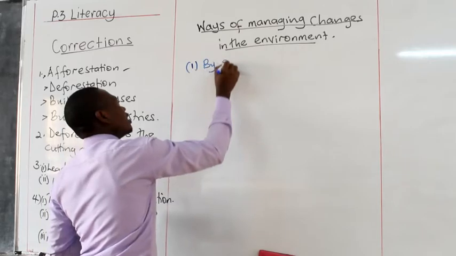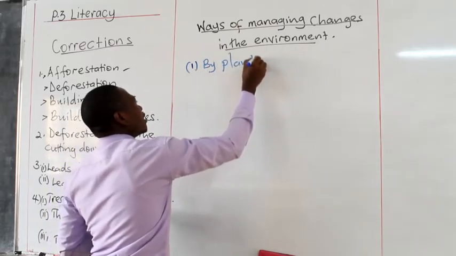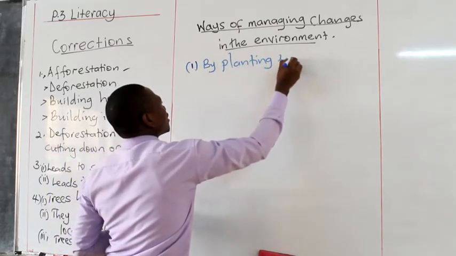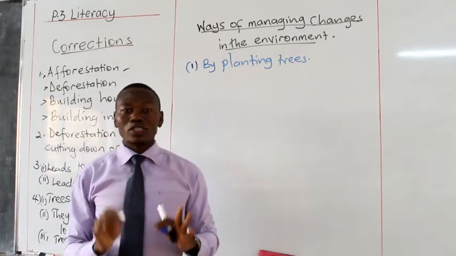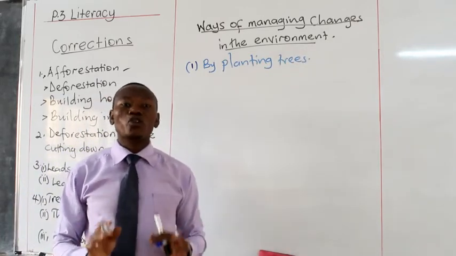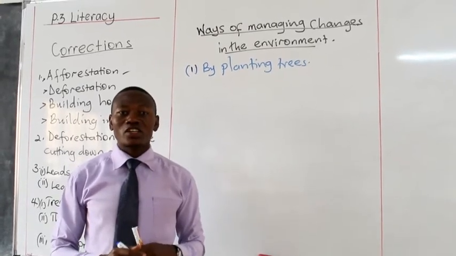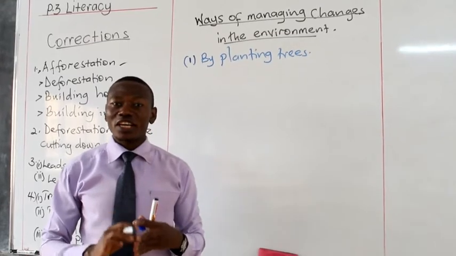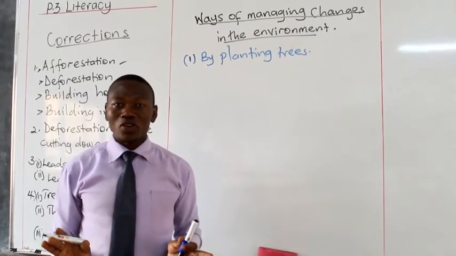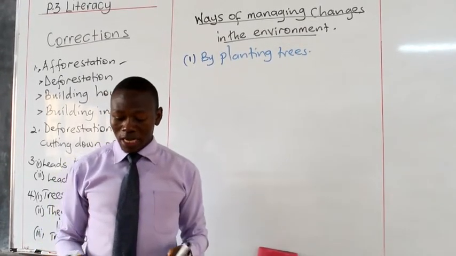by planting trees. So we've seen the importance of trees in the environment. So once you plant trees, you help to control very many changes, including rain formation, including drought, including floods, mention all those changes that we talked about.